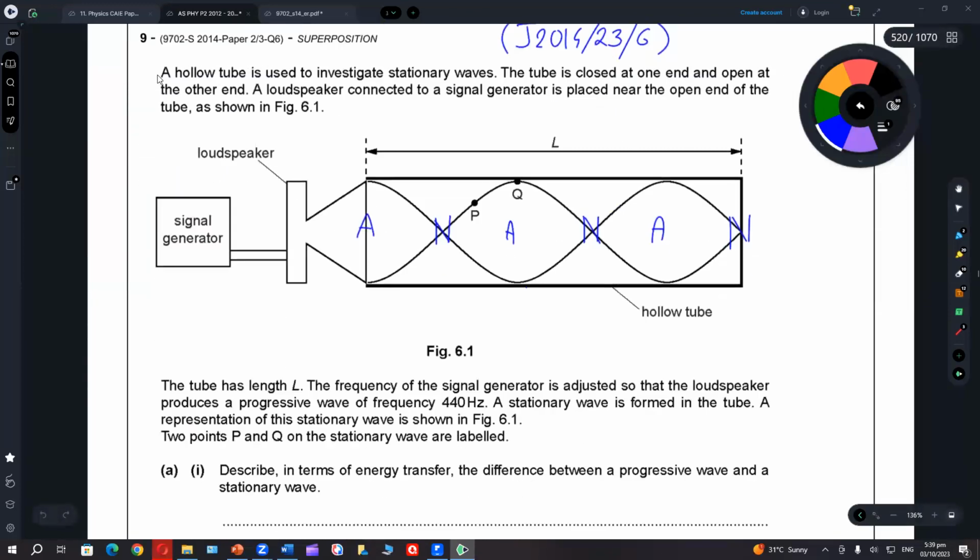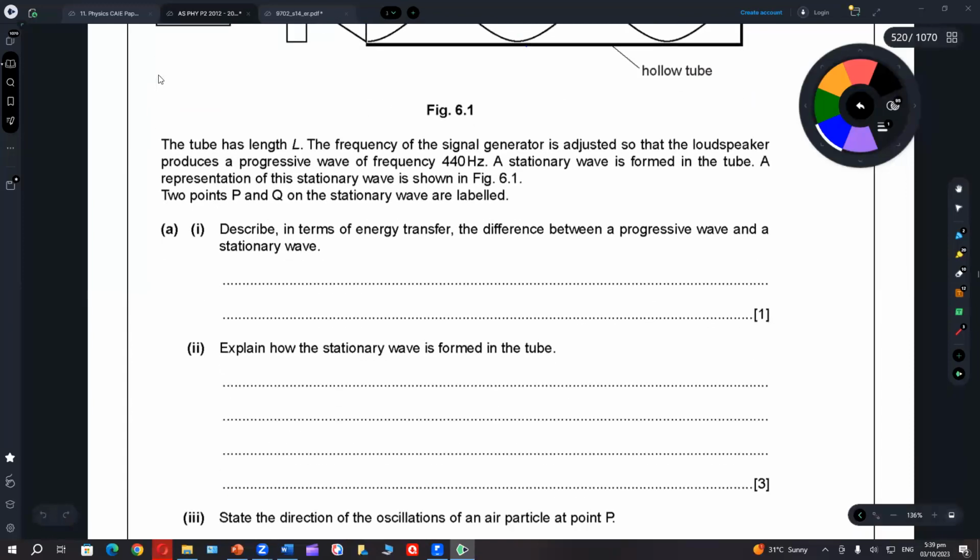No, basically, energy transfer occurs in a stationary wave also, but within the system. It keeps energy within the wave. So progressive wave transfers energy away from the source, while a stationary wave keeps the energy within the system.